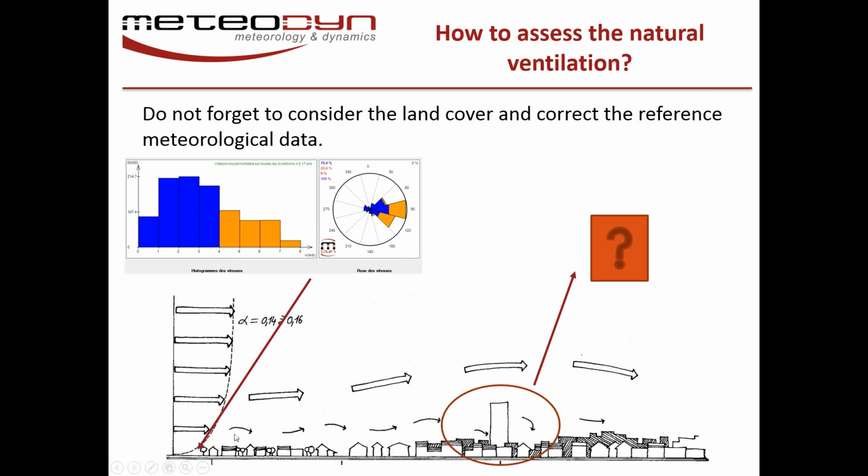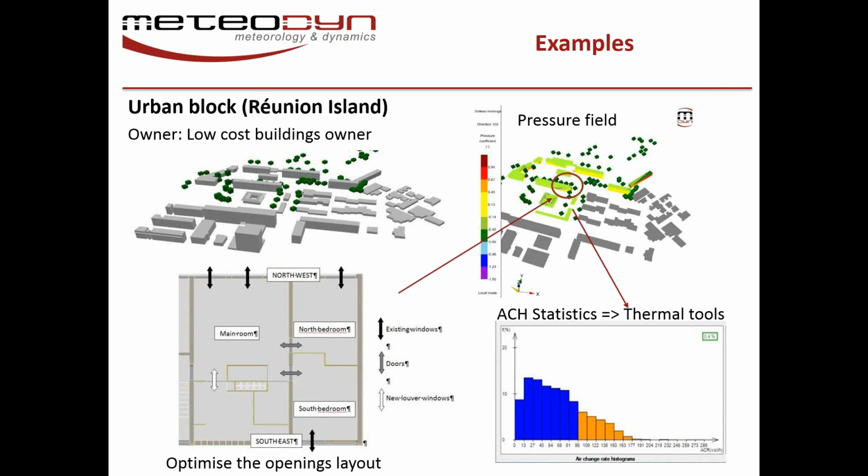Why is that? Because the roughness will be higher, so the boundary layer will be different, and it will slow down. And as we have seen before, the direction will change also. So you have to be careful of that.